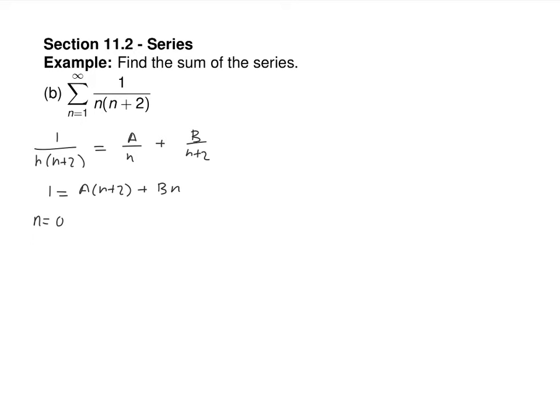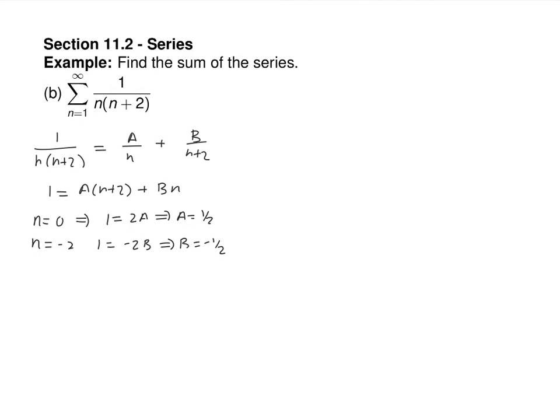Inputting n equals 0, we find that 1 equals 2a, which means that a must equal a half. And inputting n equal -2, we get 1 equals -2b, which tells us that b must equal -1/2.